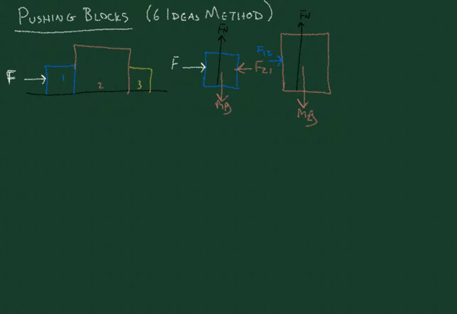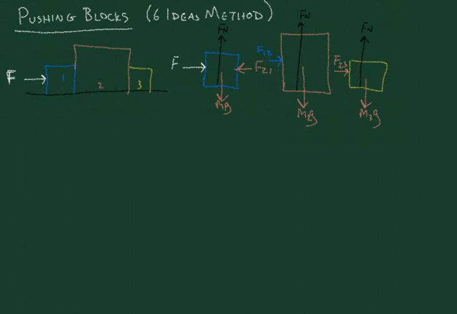Then we have our third block, block 3. Once again, we have gravity pushing down, a normal force pushing up, and a force from block 2 on block 3.